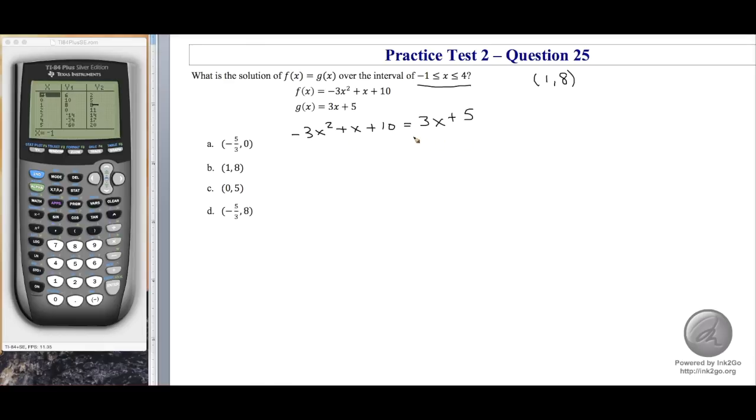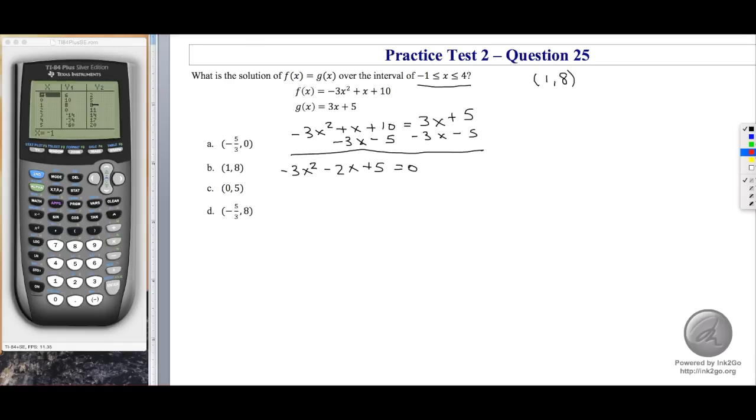To do so, we're going to add -3x minus 5 to both sides of our equation. Now we have -3x squared minus 2x plus 5 equals 0.